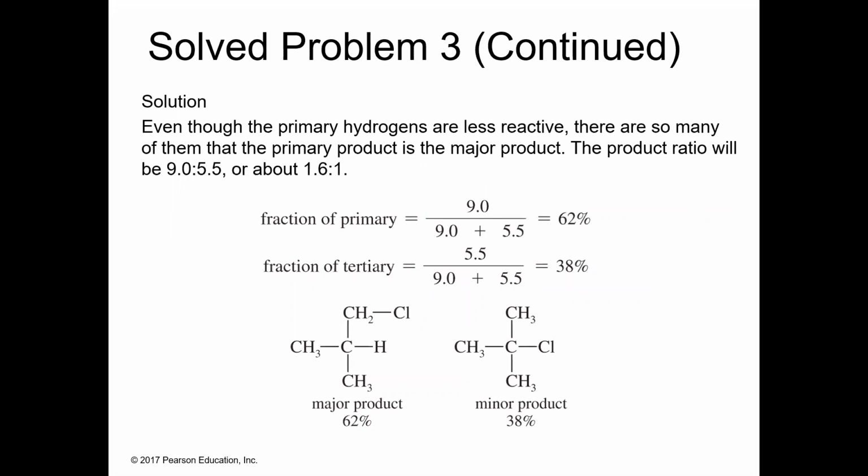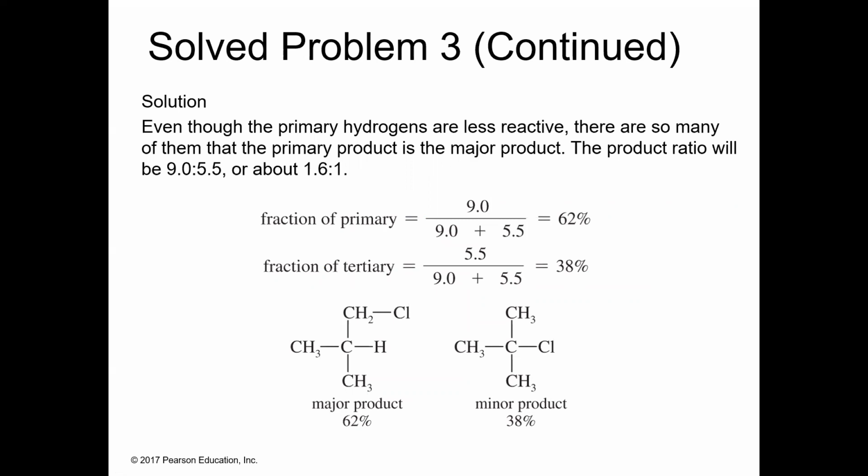And we can then use that to predict the percent yield. Okay, so we have about 62% of the primary product and then about 38% of the tertiary.